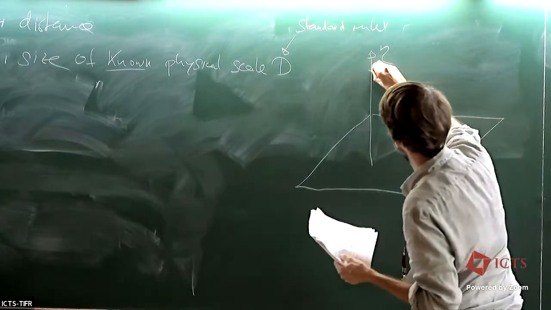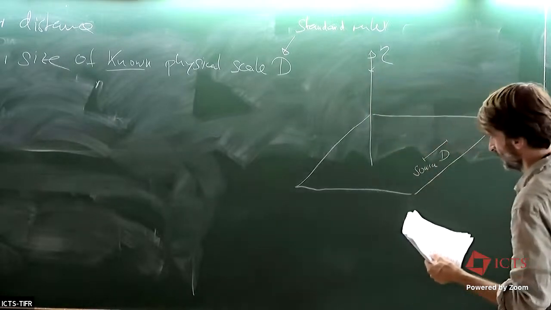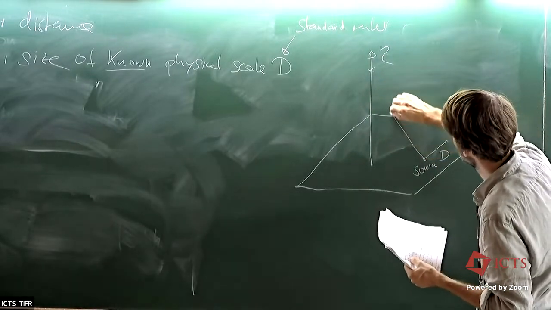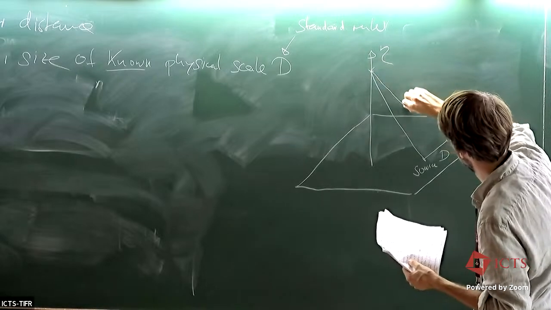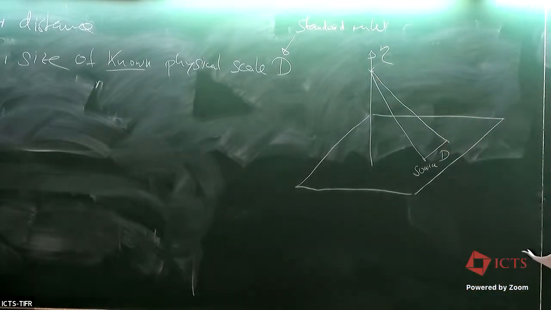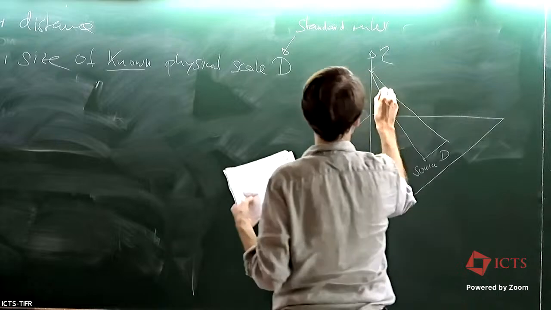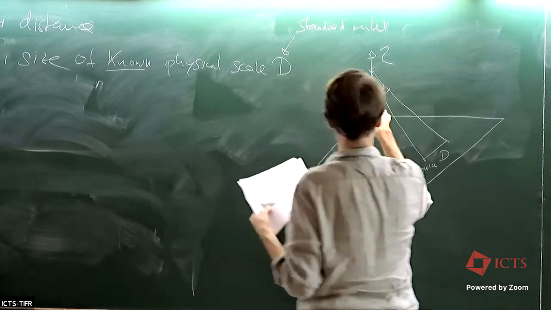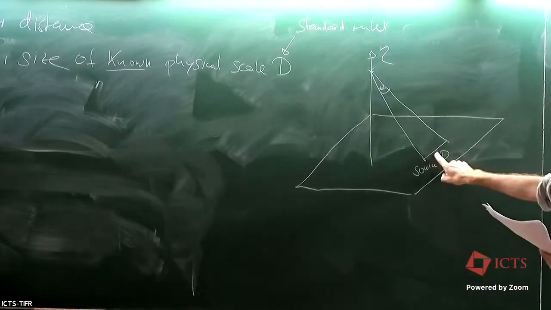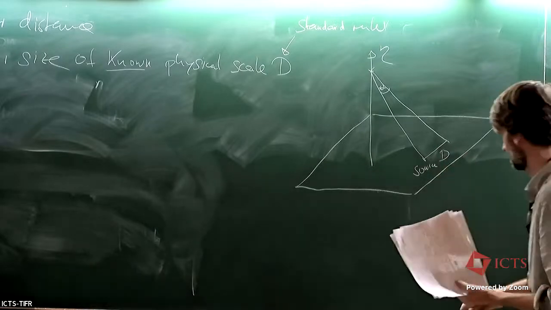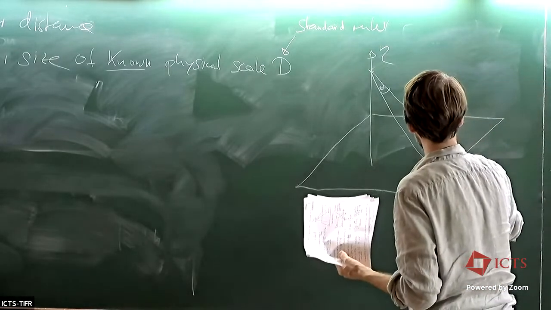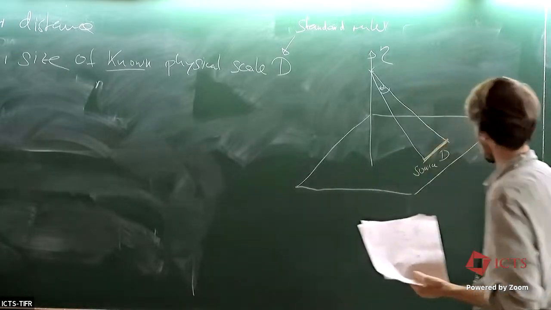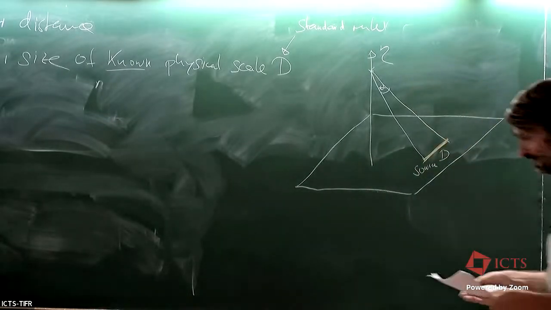And we are the observers at a later time. And what we observe is this triangle. I mean, what we observe is the angle under which we see this distance scale down here. That's the idea.